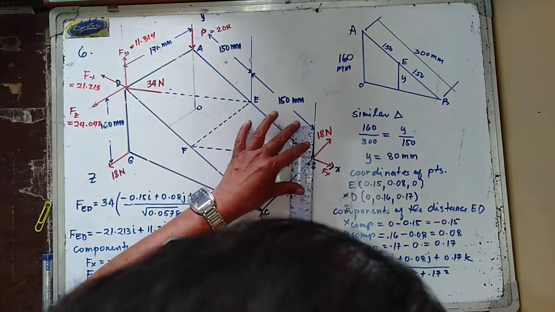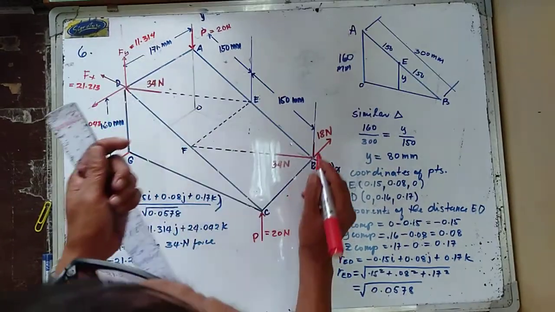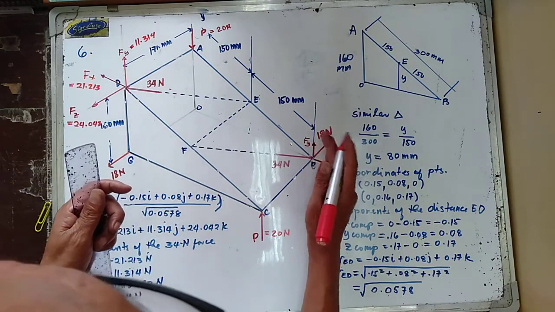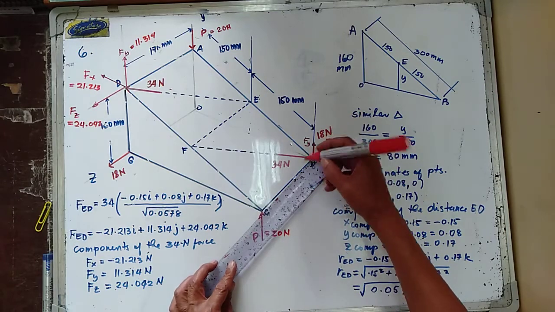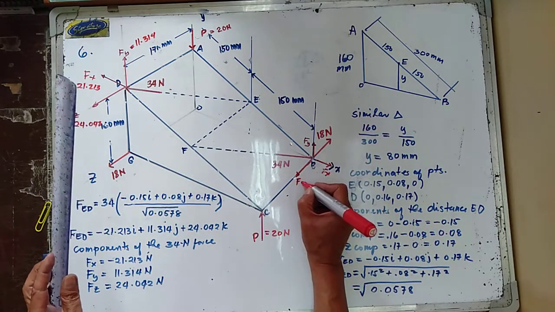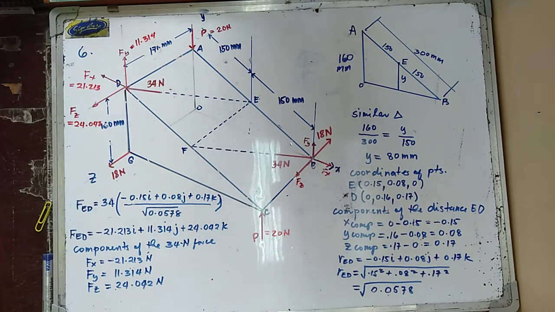This is your Fy, parallel to the y-axis, and this is your Fz, which is parallel to the z-axis.